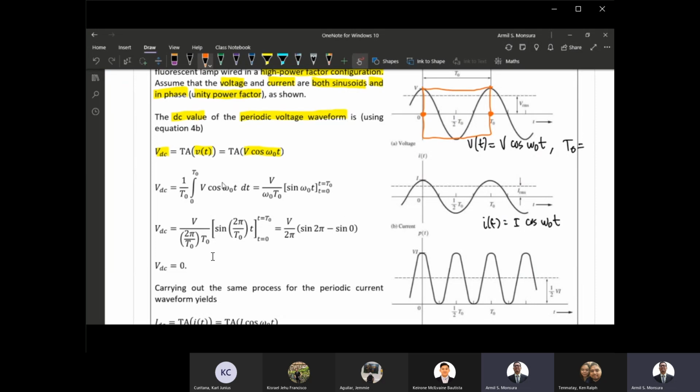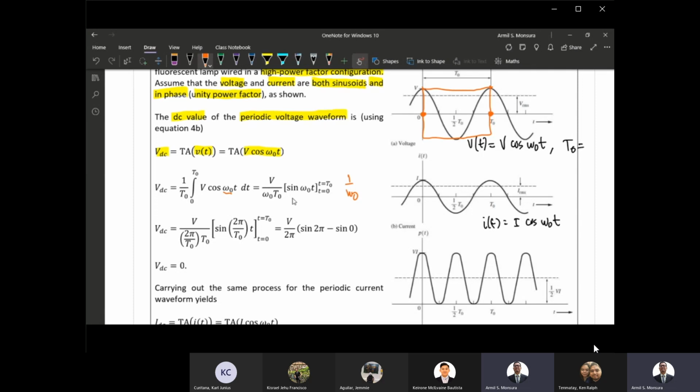So pag integrate natin to, we will have this as a constant. Therefore, to integrate this, we will have to balance the integral with the factor of 1 over omega 0. The V here would be taken out of the integral because of linearity of the integration operation.